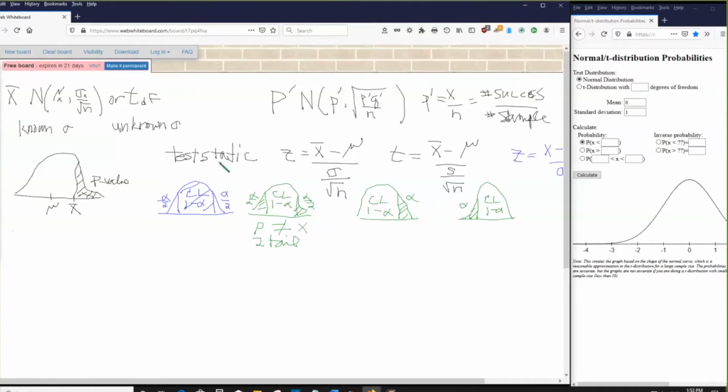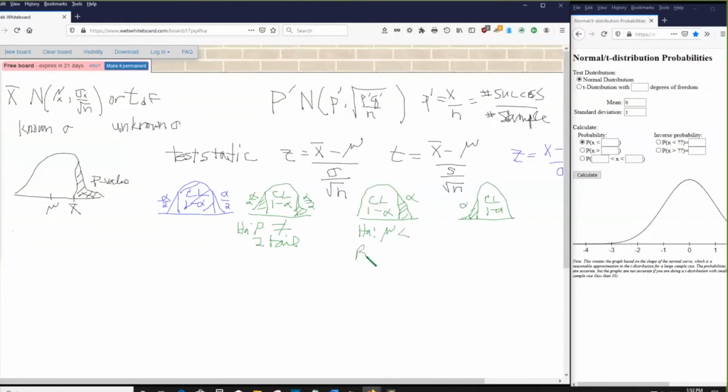So this would be your H of A. Then for a right-tailed test, let's say you have your mean is going to be less than some number.